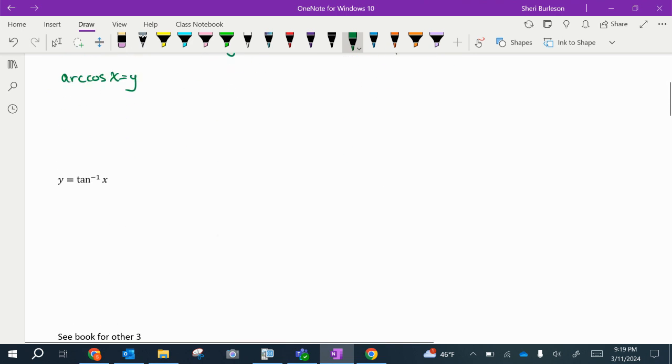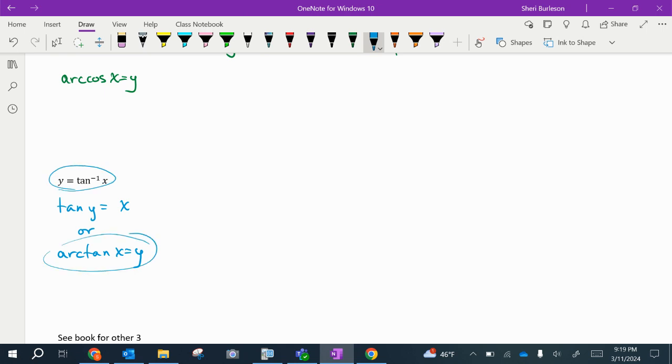So inverse tangent of x means that the tangent of y equals x, or this could be arctangent of x equals y. That's the other way I can write inverse tangent, is arctangent. Again, we take tangent values on ratios, and what comes out.